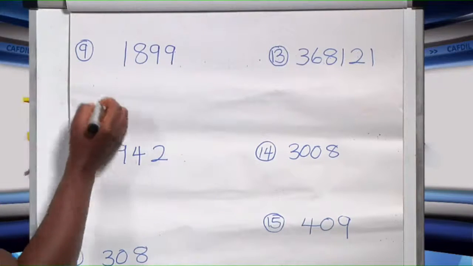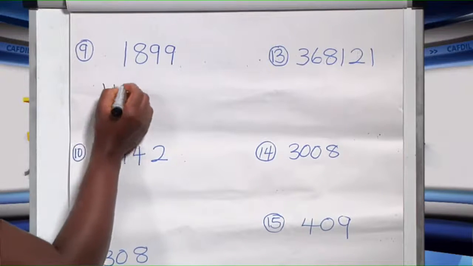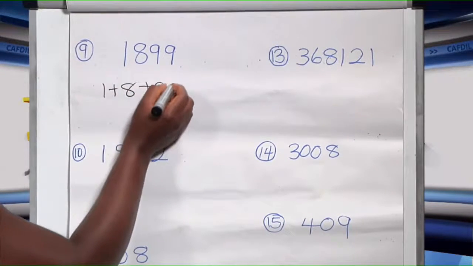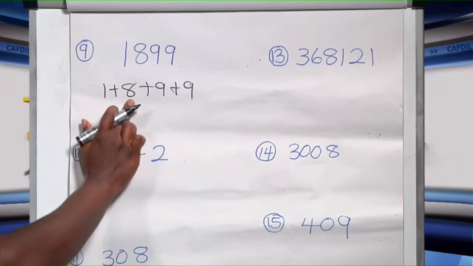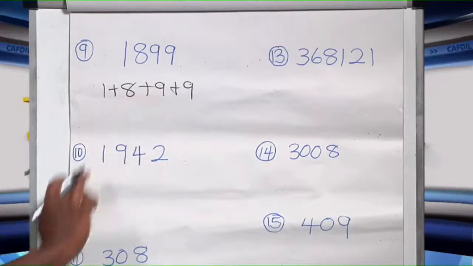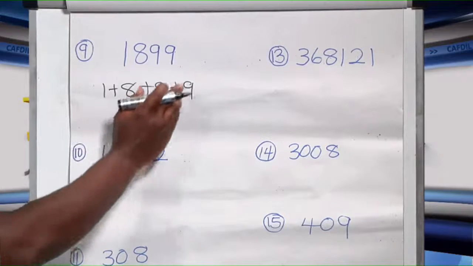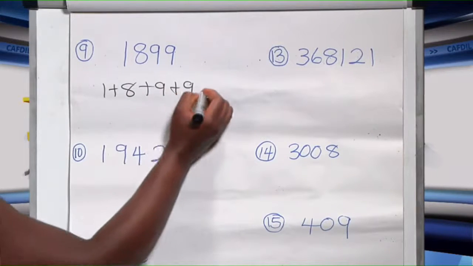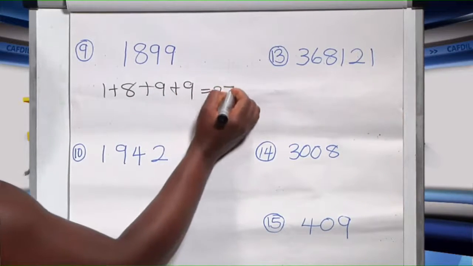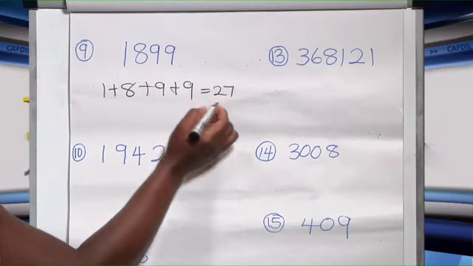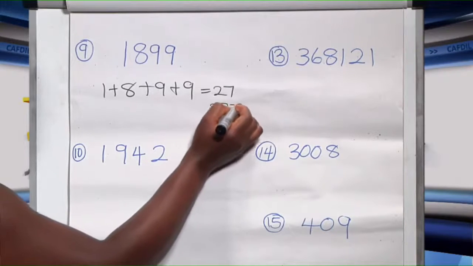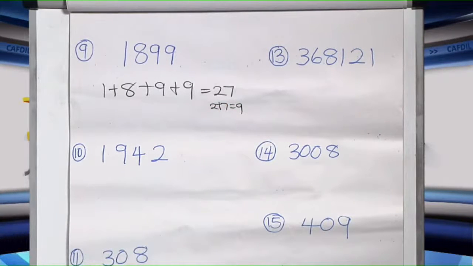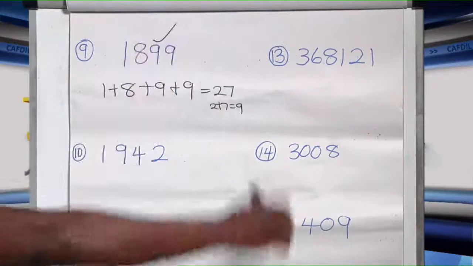So let's do it together. 1 plus 8 plus 9 plus 9. 1 plus 8 is 9. 9 plus 9 is 18. 18 plus 9 is 27. 2 plus 7 is 9. So 1899 is divisible by 3.